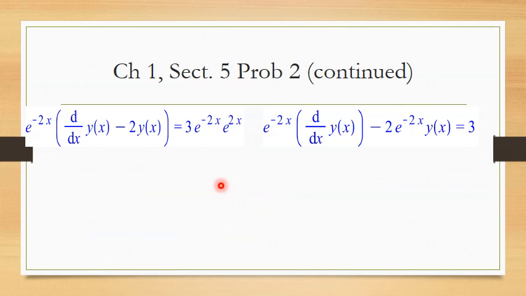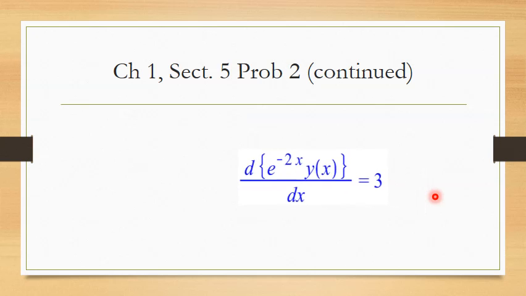So now I'm going to multiply that through my differential equation, and I get this. And if we look at this again, here's the derivative of y. Here's y. Here's e to the minus 2x, and here's the derivative of e to the minus 2x. So I can write this as a derivative of two functions, e to the minus 2x and y of x. And it's just equal to 3.